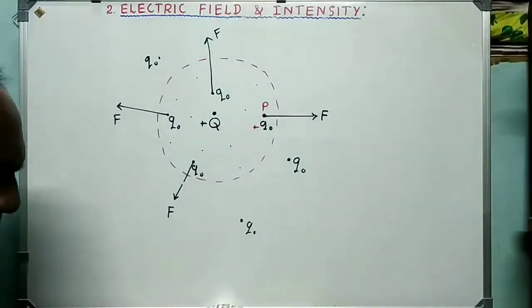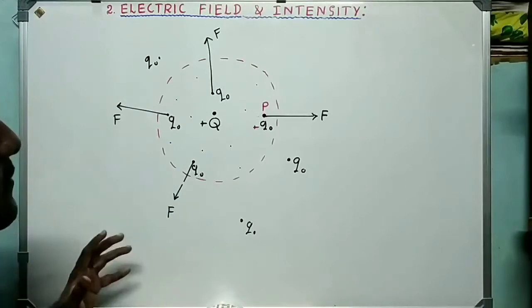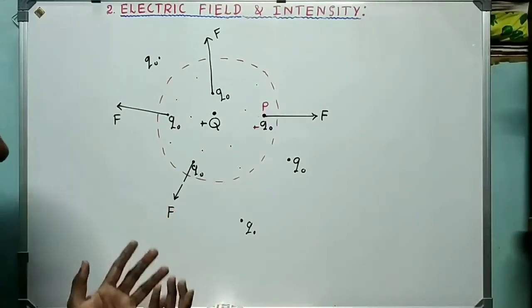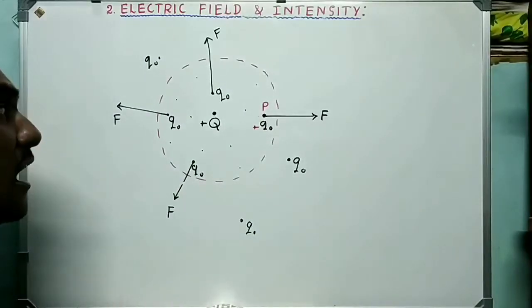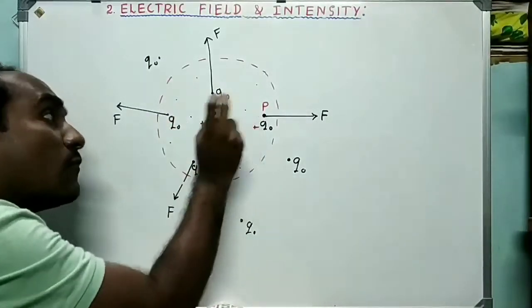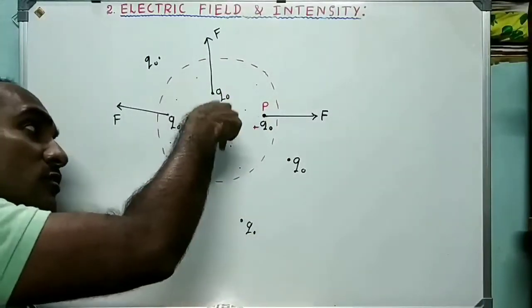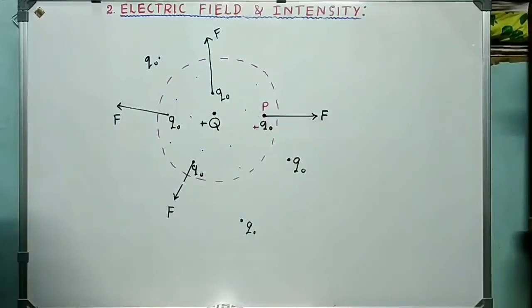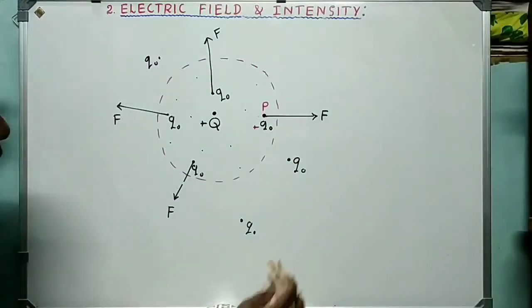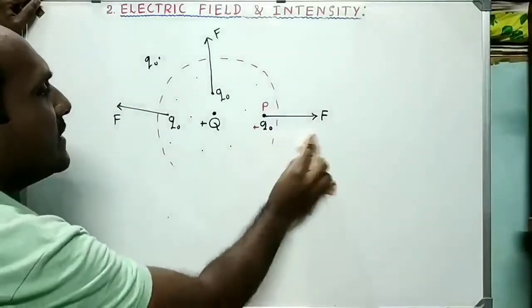Now, in this way, you came to know that whenever small amounts of charge, that is test charges, are kept in the electric field of a source charge, those small amounts of charge are going to experience the electrostatic force. Keep it in mind. Now, come to the next point, that is electric intensity.